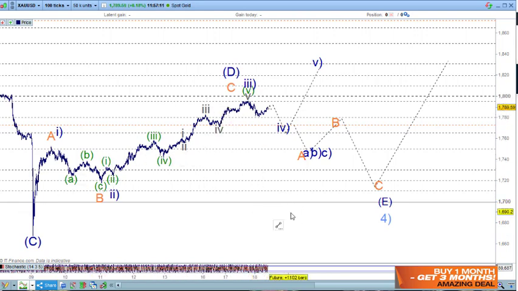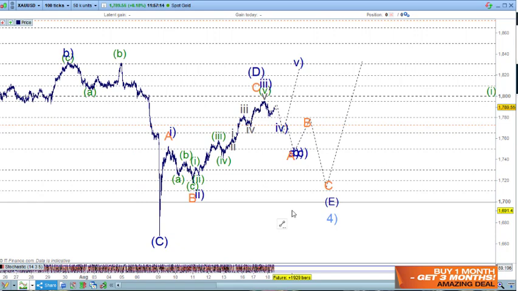I mean, we've come up pretty high here, so it's possible, if we were looking from this high down to here, that's the 61.8% here. So if we were looking for further downside here, then it should have really occurred there at the 61.8% at tops. And really, technically, it would have been at the 40% rather than the 60%.